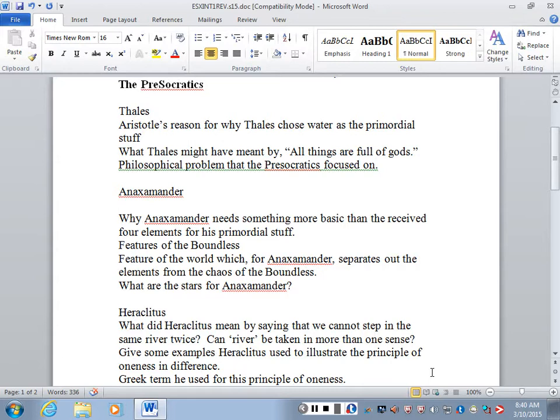Remember, of these earliest philosophers, a lot of what has survived is just fragments, or what somebody like Aristotle said about them.